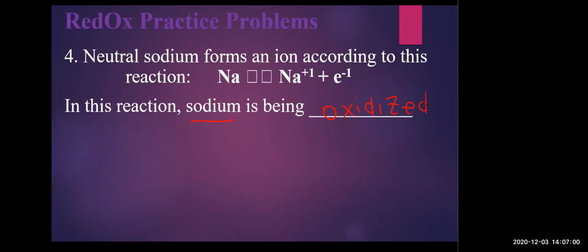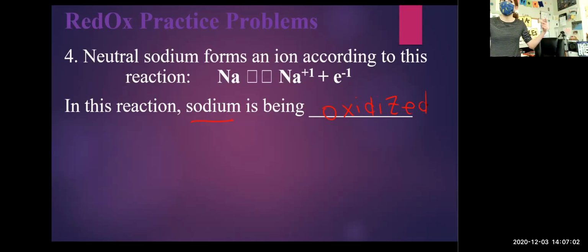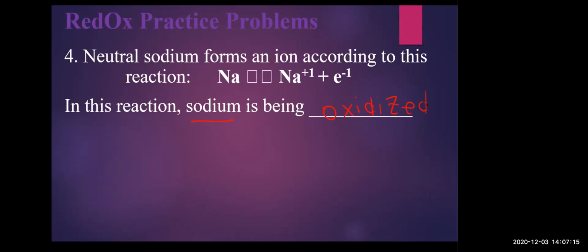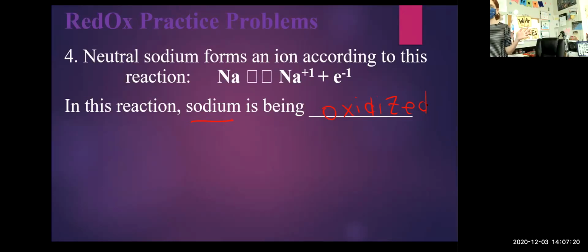If you remember that, you've got everything you need to know about oxidation and reduction for this class. It is more complicated out in the real world, but that's all y'all need to know. Metals get oxidized, non-metals get reduced. Not bad, right?